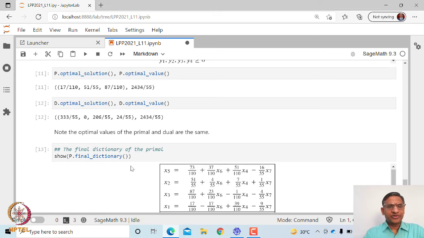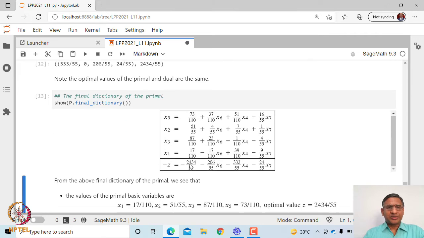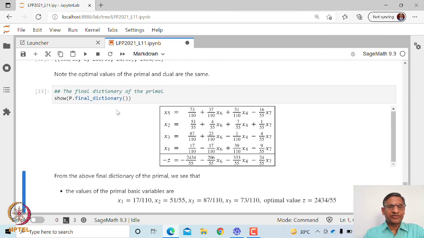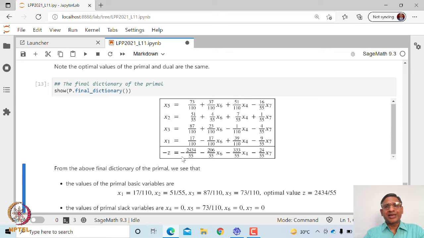This is an inbuilt function in Sage, and the final dictionary will give you the final stage of the final simplex table, including the surplus and slack variables, right?